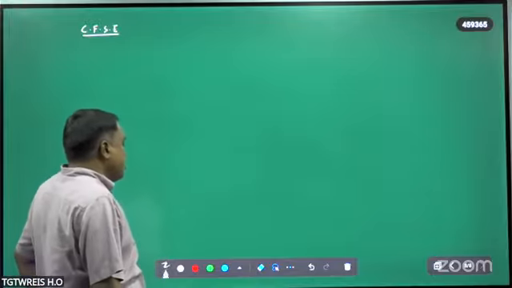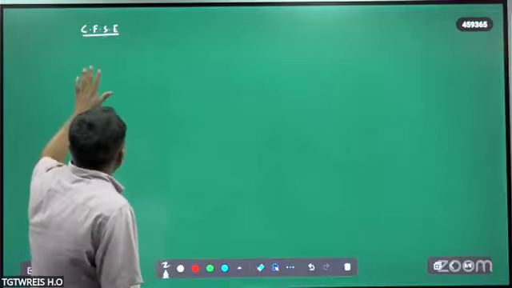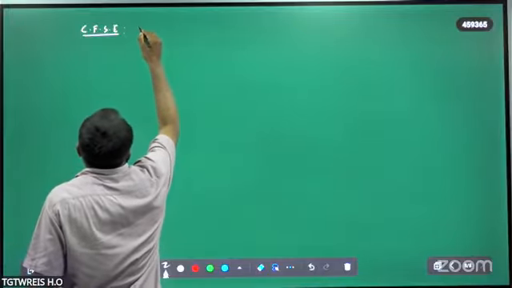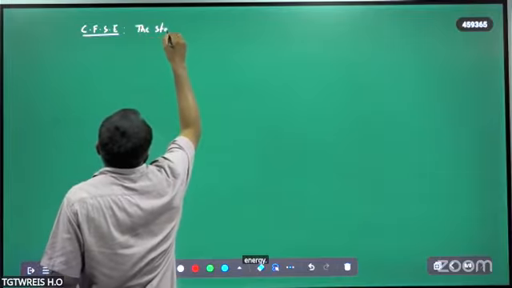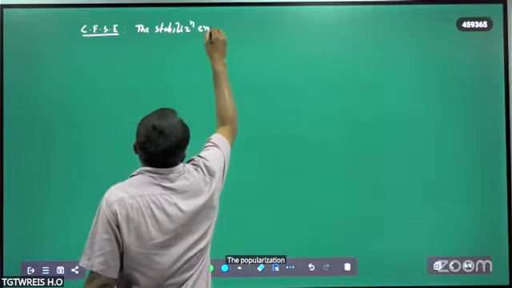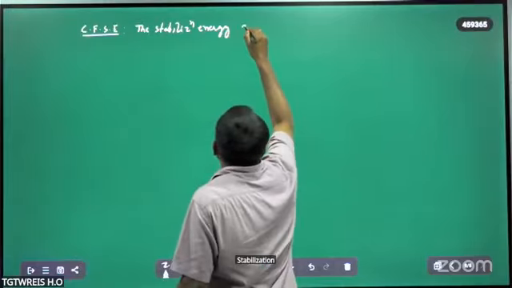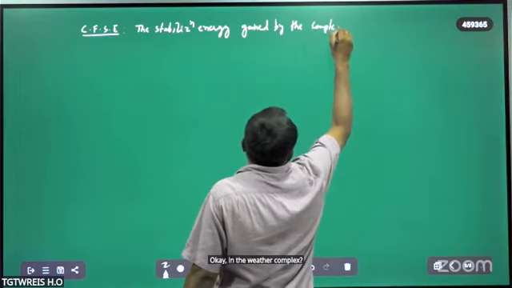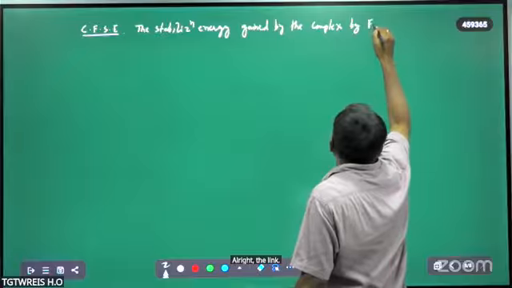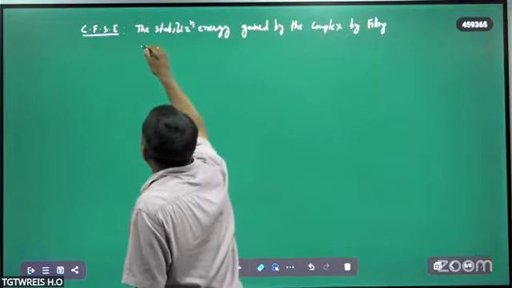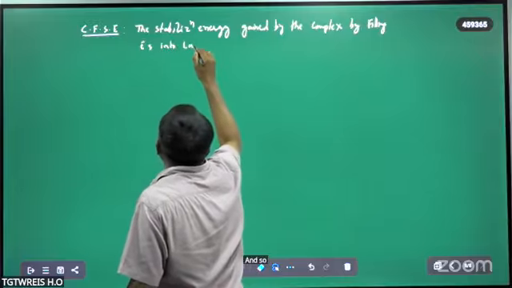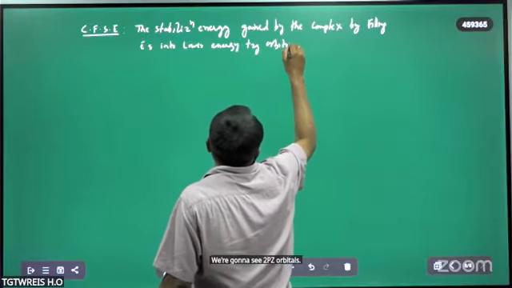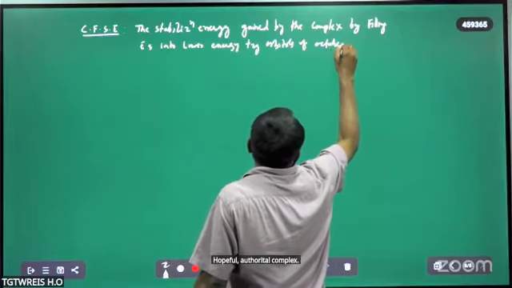The stabilization energy gained by the complex compound by filling electrons into the lower energy t2g orbitals of the octahedral complex.